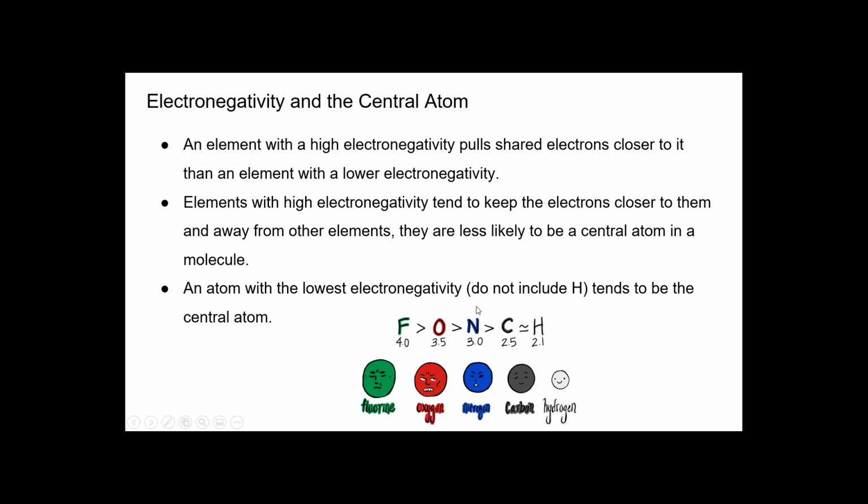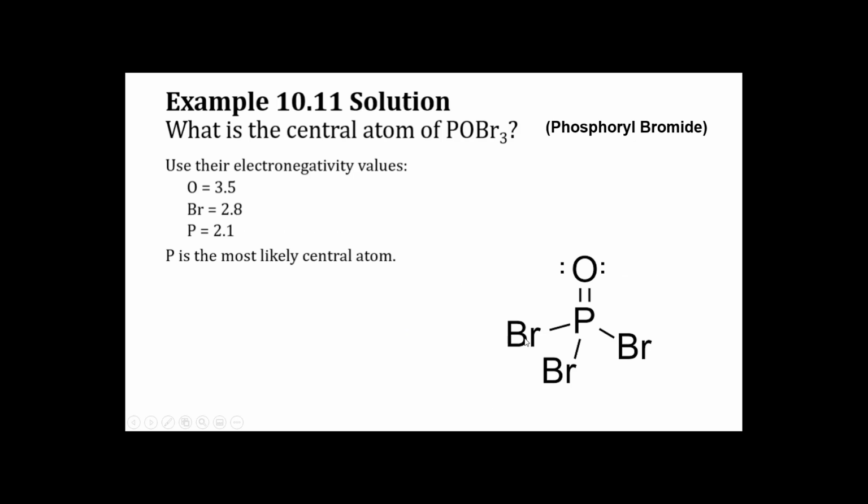You can see here, somebody drew this; I found this online. Fluorine has the most, oxygen is next, then nitrogen, and these are almost equivalent. Yes, the numbers are slightly different, but there's only a very small tug of war going on between these electrons.